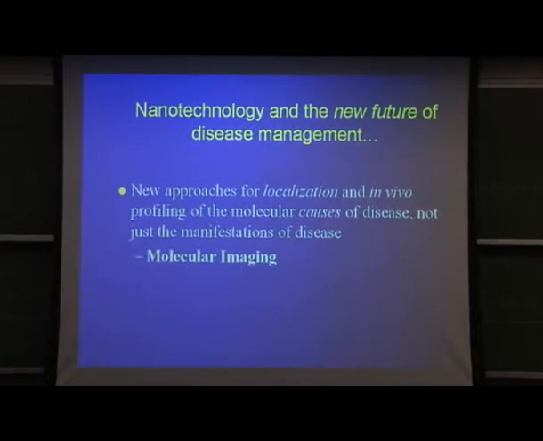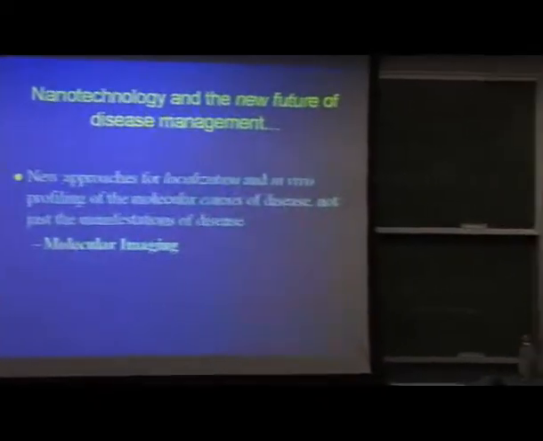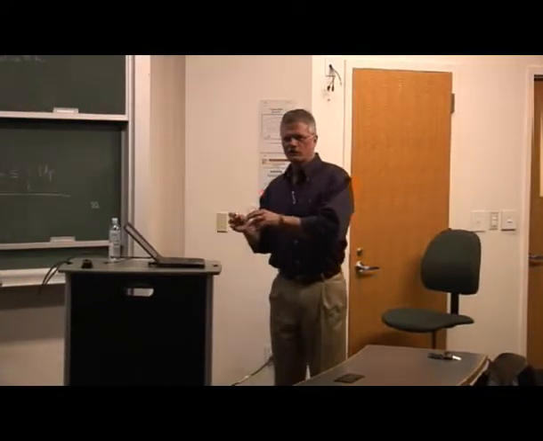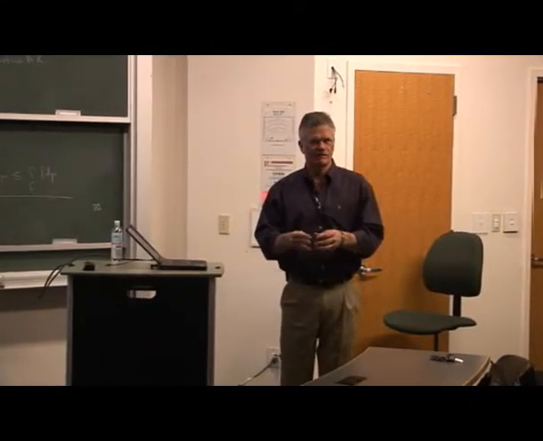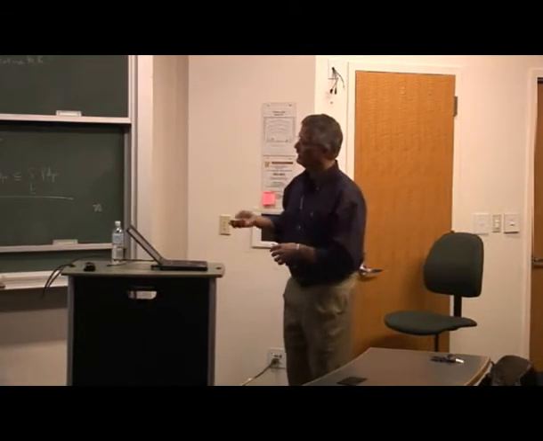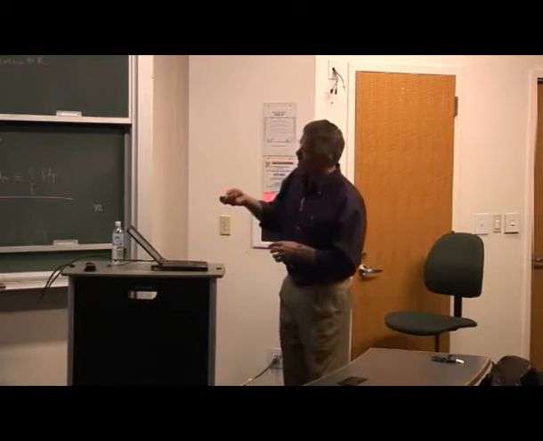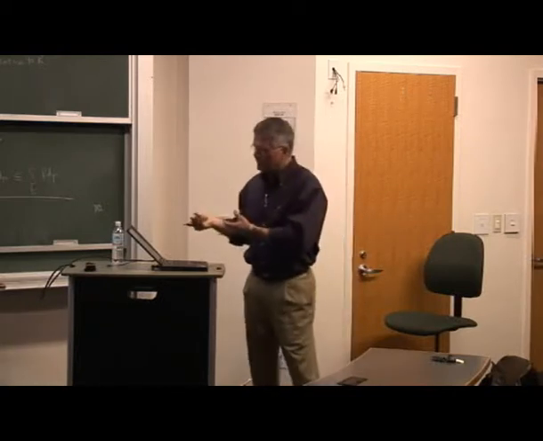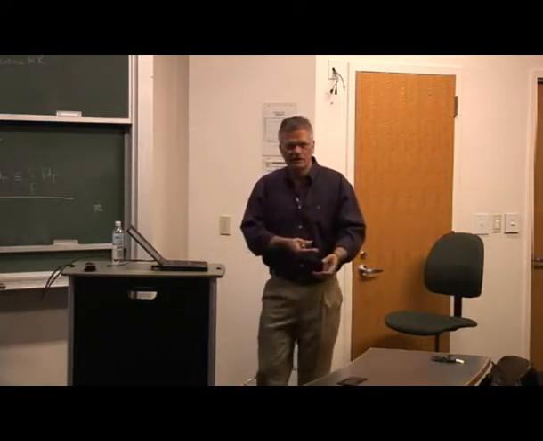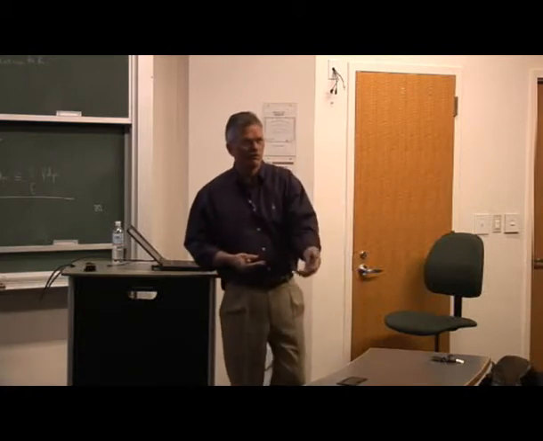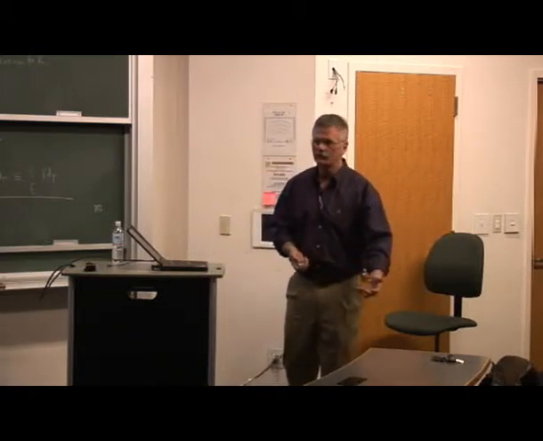So not just the fact that there isn't a normal twist, or the fact that you have a heart attack and a scar, or you have fiber orientations that are disarrayed. Those are all subsequent events that occur after something is going on early, and you want to image that early event with molecular imaging so that you can presumably interrupt the course of a disease before it gets to the point where you have a heart attack or a stroke or cancer that spreads and so forth.